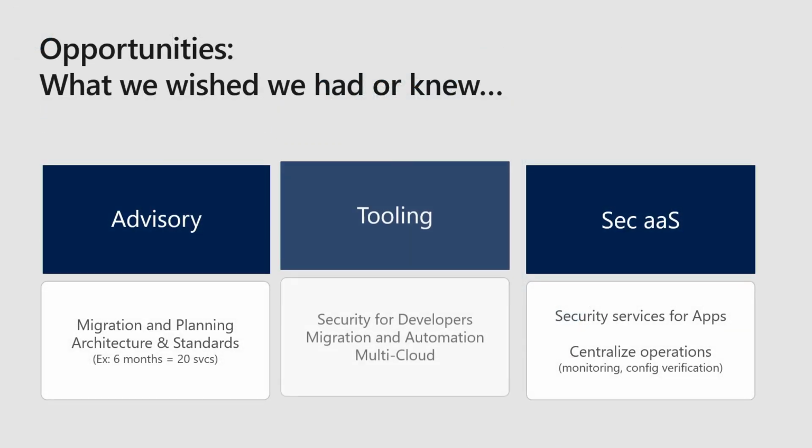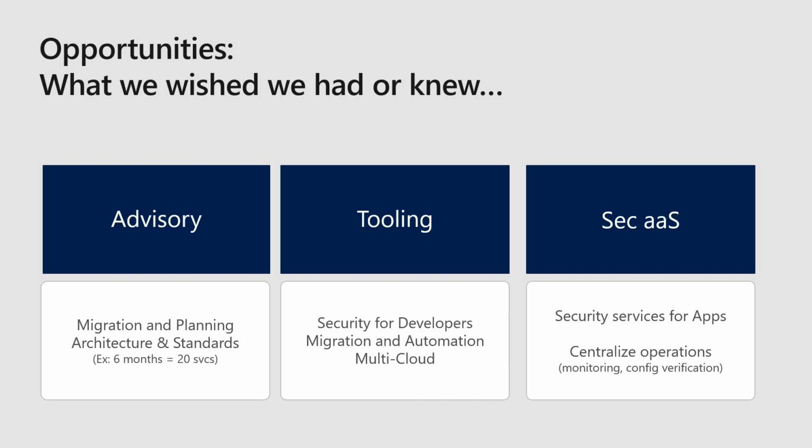So when we look back inside of Microsoft, we've been migrating and adopting Azure since its inception. We were one of the first customers, internal customers, to use the service, and these are some of the things that we wish we knew back then and what brought us to today. So we didn't have visibility across all of our accounts, subscriptions, etc. That was something we had to figure out as we were flying the plane.